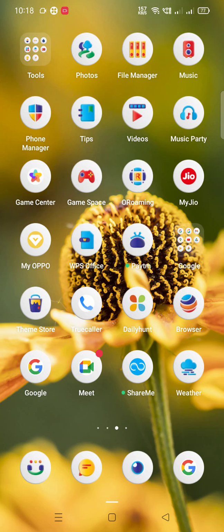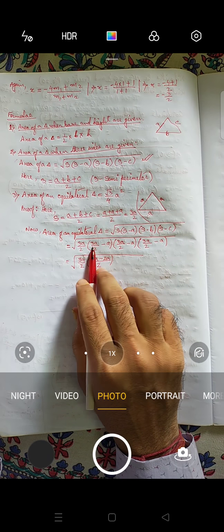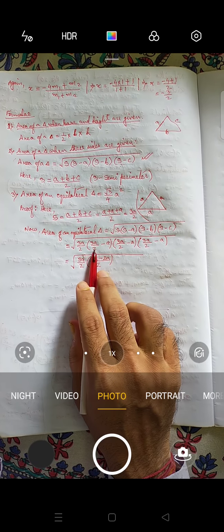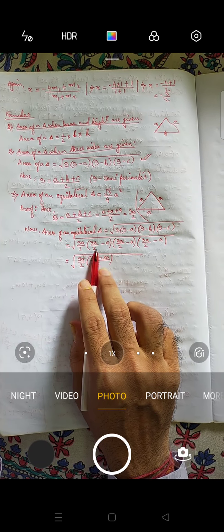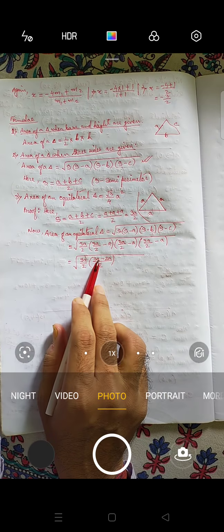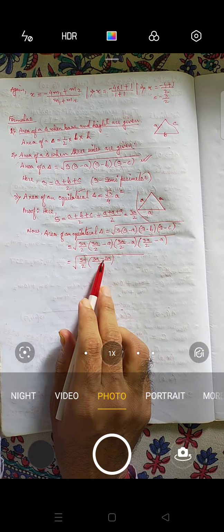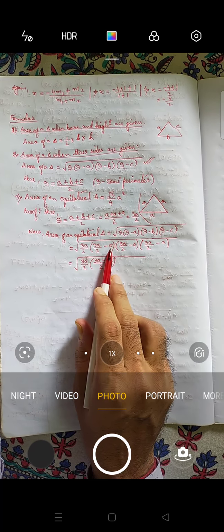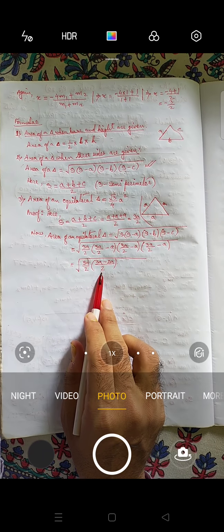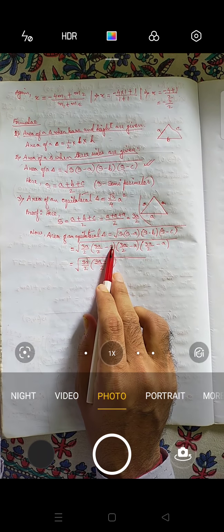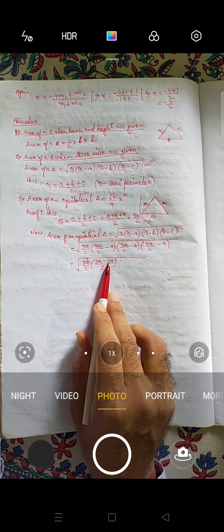Any problem? We have taken the LCM of this, so we got 2. Now 2 how much is 2? 1's are, so we will multiply by 1, we will get 3A. Minus is there, so minus. Now here nothing is there, that means 1. 1 how much is 2? 2's are, so we will multiply the numerator by 2, so we will get 2A.